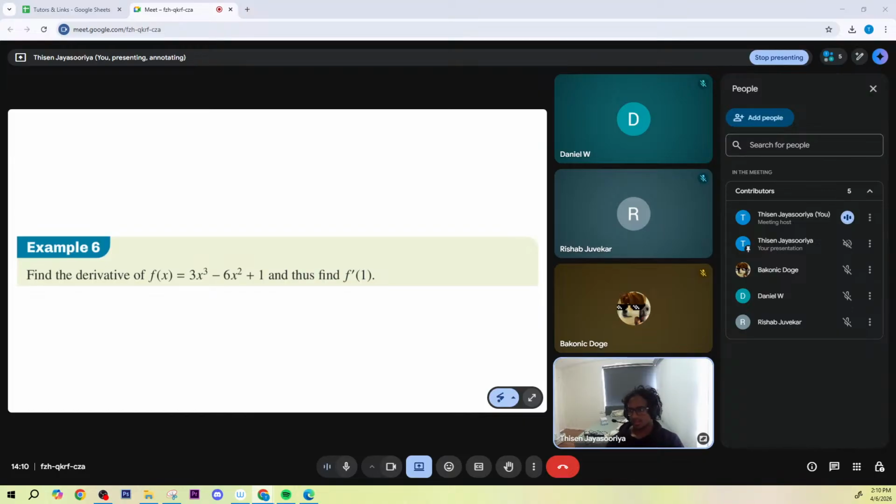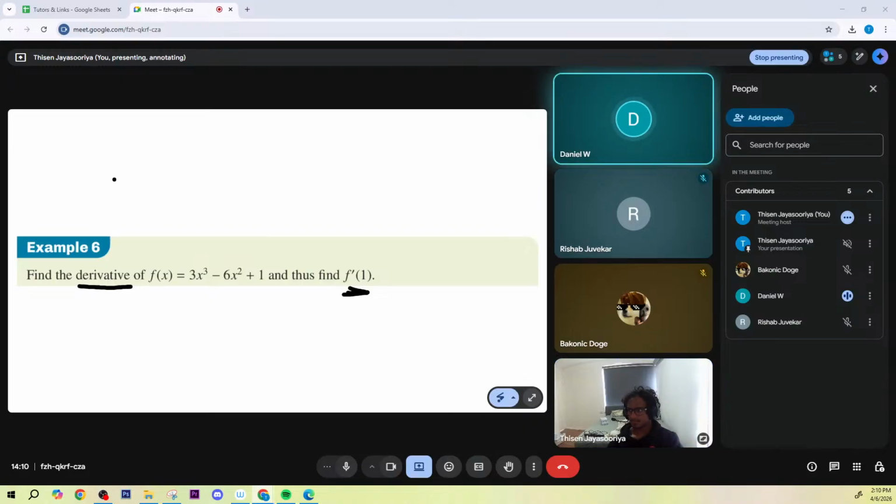The same thing over here. I'll ask Daniel, can you tell me how I can find f dash of 1 by using the derivative of this function? f dash equals 9x squared minus 12x.